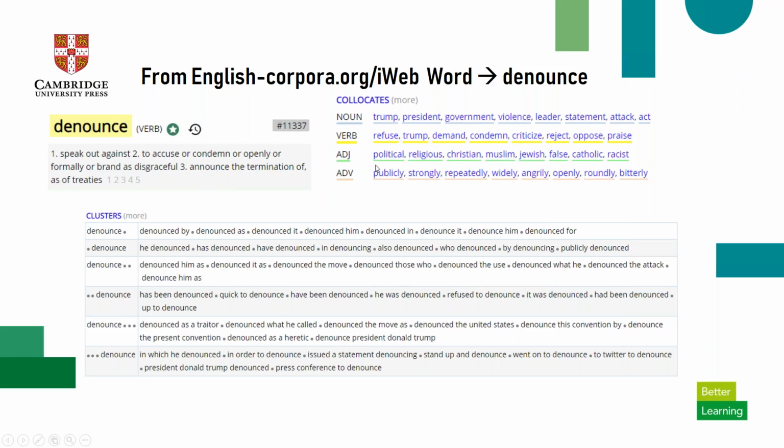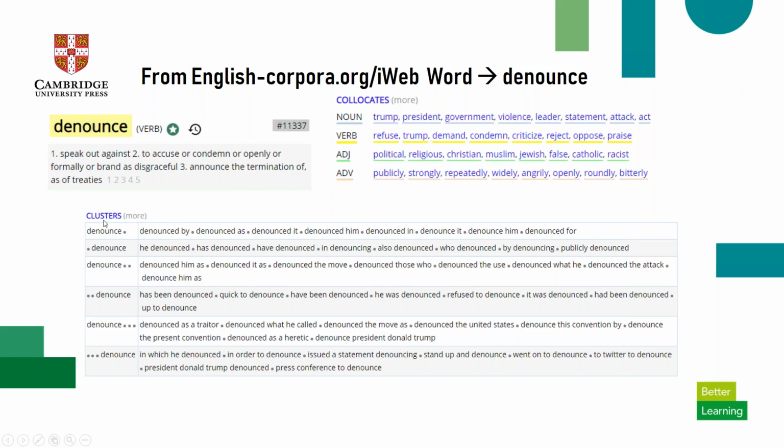It gives you a collocates panel, which is kind of interesting. The thing is, they don't give you any information about the positioning of these collocates. And so it's a little difficult to tell what could be a subject, what could be an object. There's a little bit of problem there.